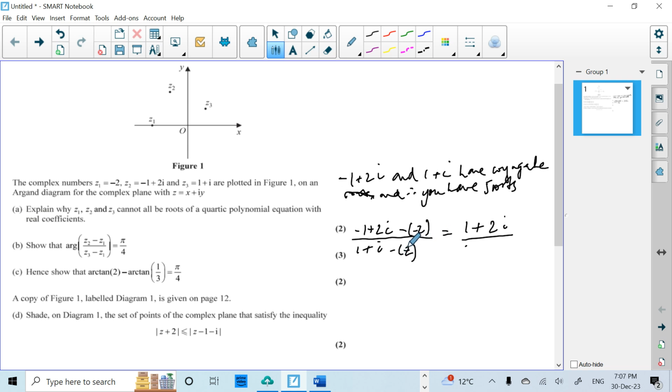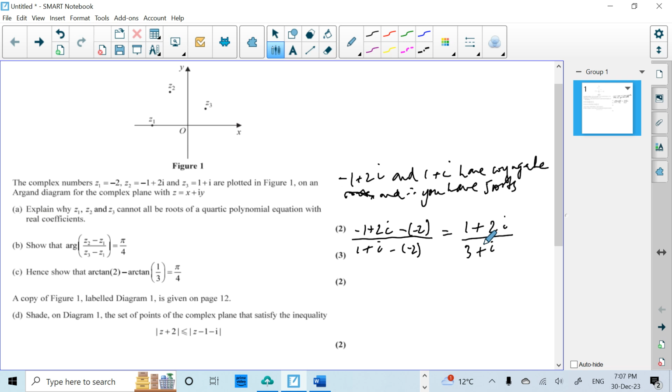Oh, sorry, minus 2. Not z. What am I talking about here? Be careful. Sorry about this. This is minus 2. I thought something was odd. Okay, minus 2. Yeah, so this will give you 3 plus i. That's better.